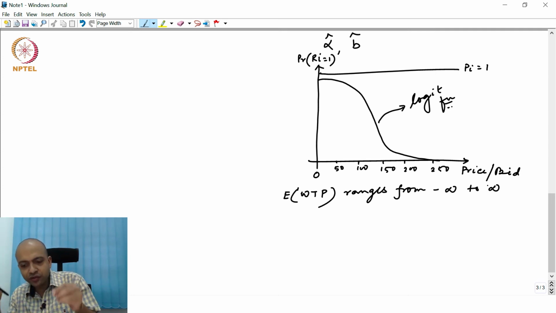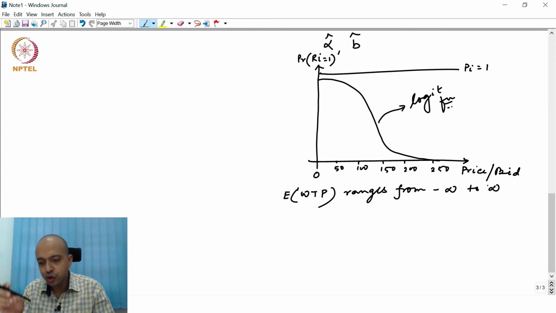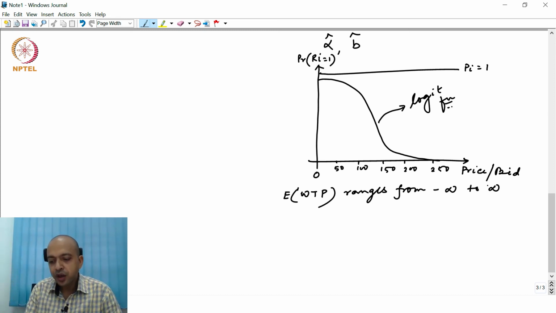So the range of that function is minus infinity to plus infinity, and the mean willingness to pay may also vary from minus infinity to plus infinity.